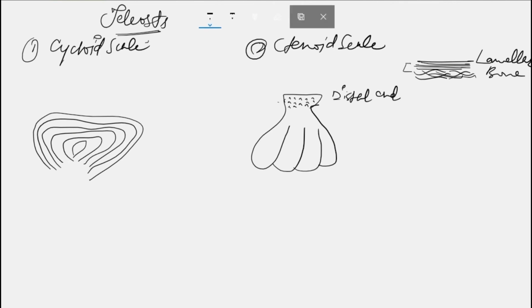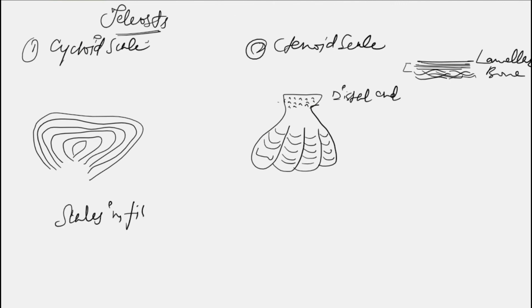They bear rings of lamellar bone in the edges. So this is your ctenoid scale. All the teleost fishes have these two types of scale. So this completes scales in fishes. Thank you.